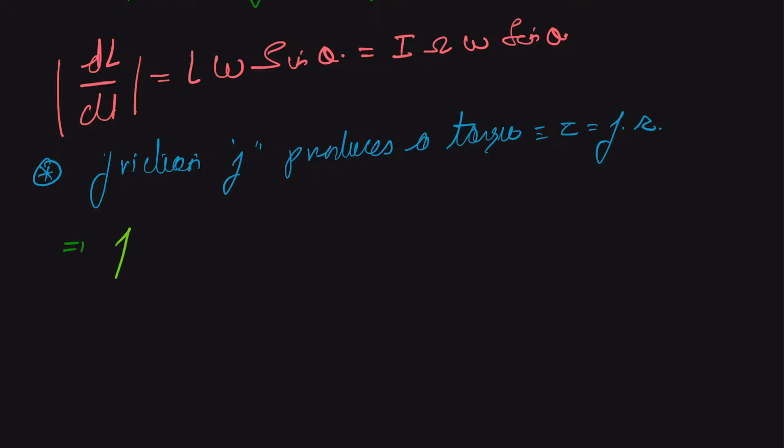Therefore we can say F times R will be equal to I omega sine of theta, and we know that our moment of inertia I is mR², and our omega is equal to omega R_E upon R.